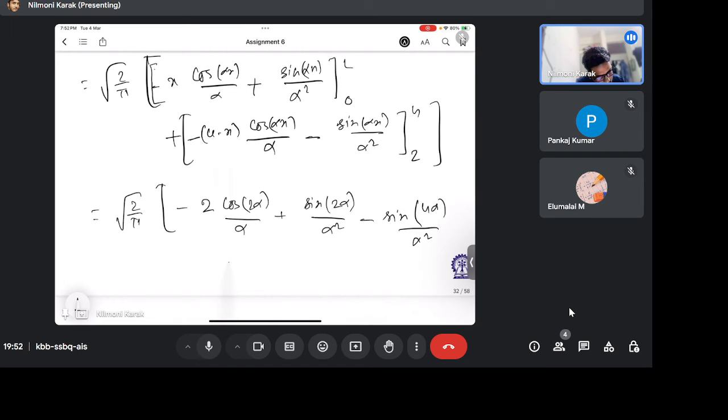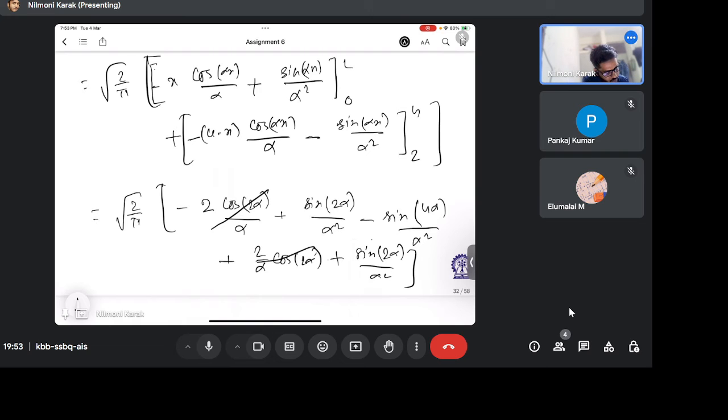When 4 minus 2 is 2, and minus plus, so 2 divided by alpha cos 2 alpha and minus plus sine 2 alpha divided by alpha square. Okay, so this is 2 times sine 2 alpha by alpha square, and the 2 by alpha terms are cancelled.